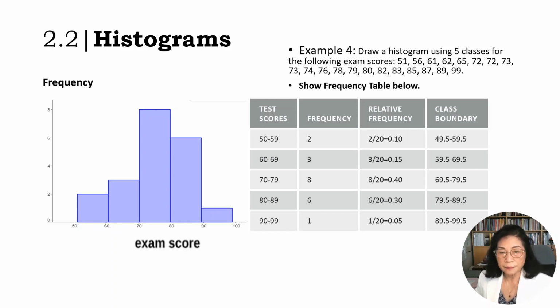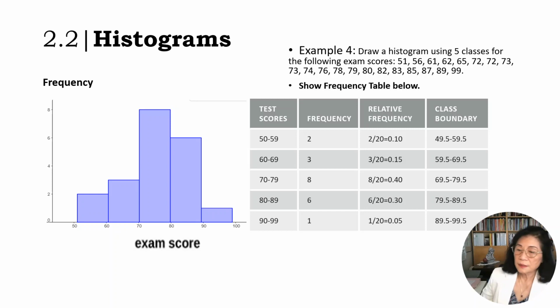I will set up the frequency table, this lower limit first. The lower class limit on the left hand side. Then put a dash and the number before the 60, which is 59, okay?